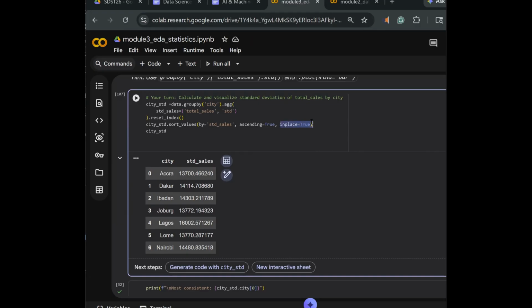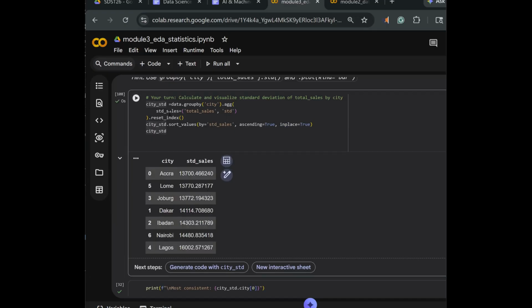If you don't use this, you can as well just say city standard equals city standard dot sort values. So that's just another method of doing it. But this one has helped us to achieve that.